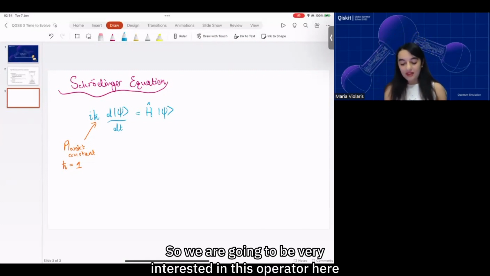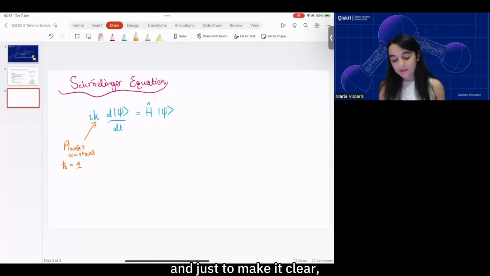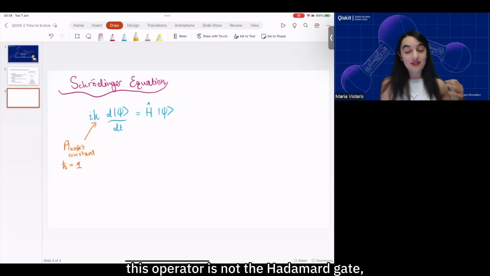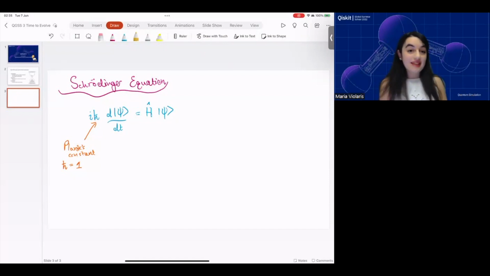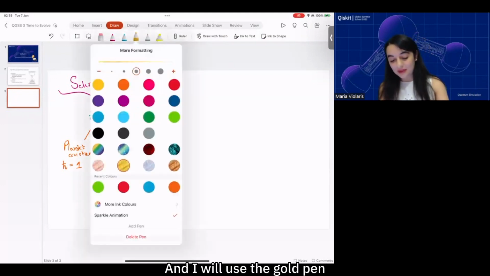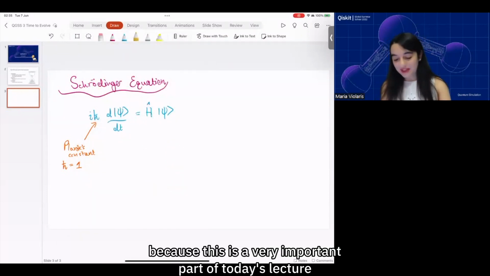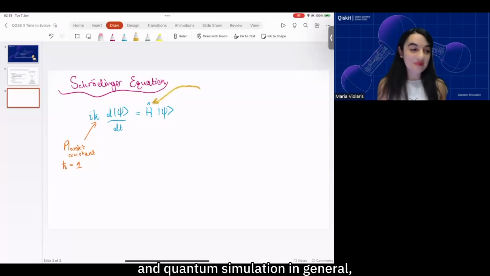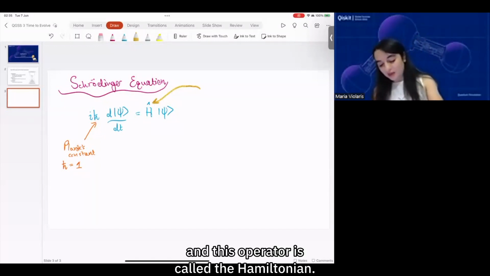So we're going to be very interested in this operator here, and just to make it clear, even though we use the letter H, this operator is not the Hadamard gate. It means something different, and I will use the gold pen because this is a very important part of today's lecture and quantum simulation in general. And this operator is called the Hamiltonian.